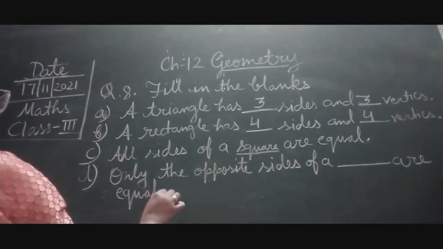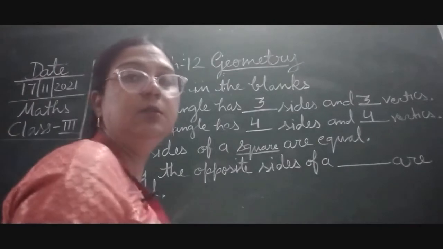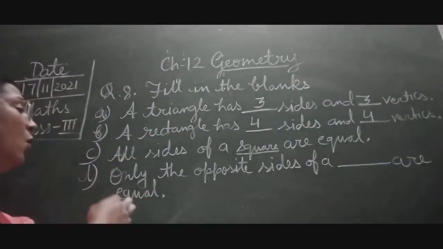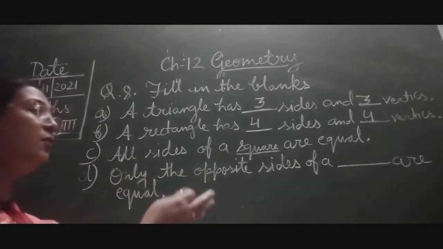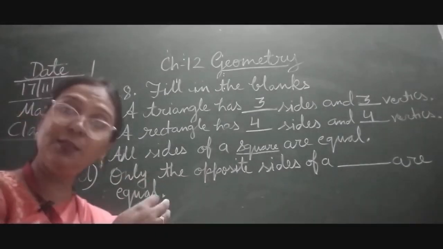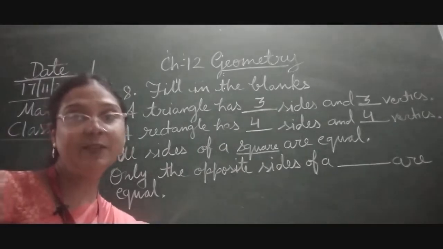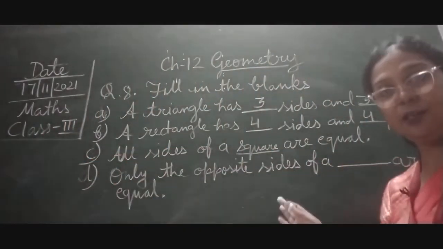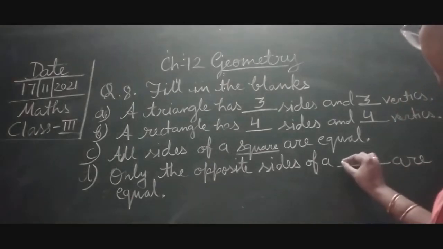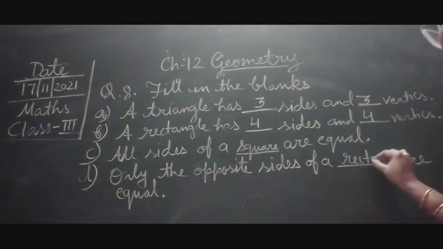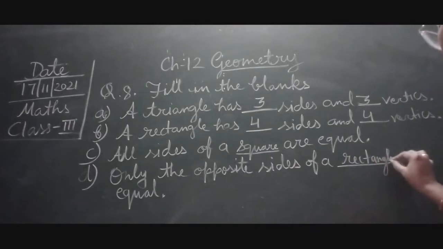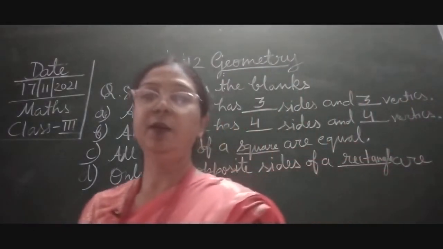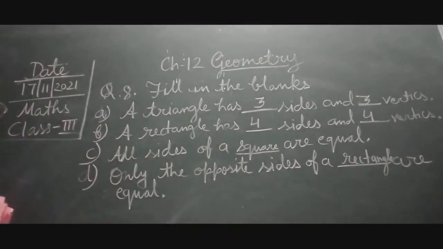So children, as we have discussed, the shape having only the opposite sides equal is the rectangle. So we have discussed that this is a rectangle. So children, write it down, rectangle. Okay, this shape we have already discussed children. So children, we have completed this.